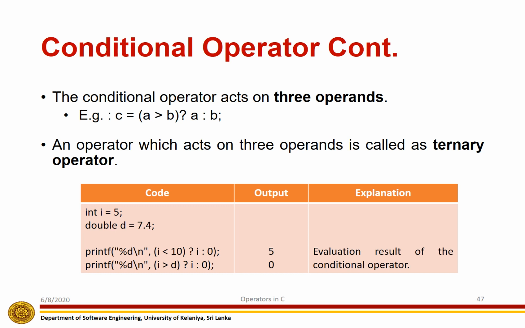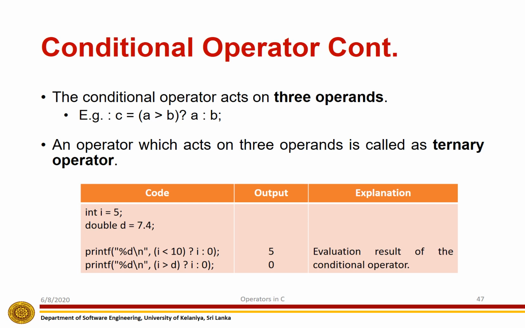And there is another example in the table. I have declared and initialized two variables first, int i = 5, double d = 7.4. After that I have written a print statement and I have given the conditional operator inside the print statement. In the first one, if i is less than 10, then it has to print i, otherwise 0.